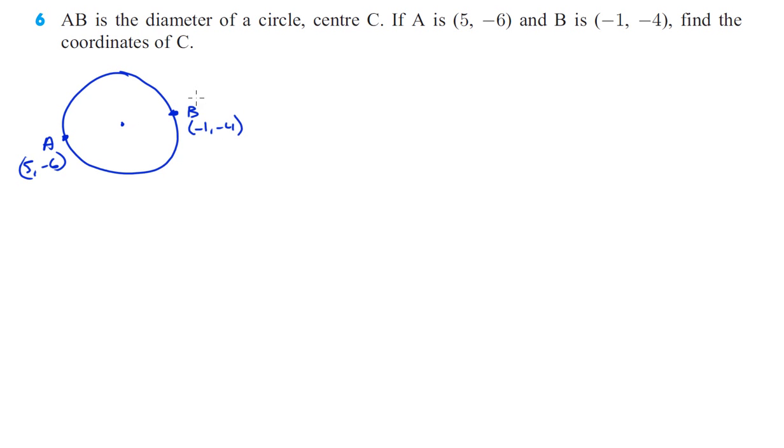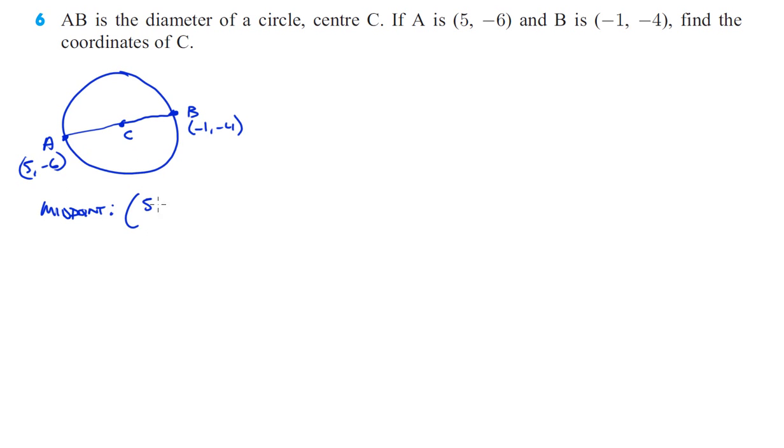Right? And it says AB is a diameter, so it has to go right through the middle of the circle, right? So it says find the coordinates of C. Well, guess what? If it's a diameter, the midpoint of the diameter is always going to be the center of the circle. So we're just going to find the midpoint of those 2 points.